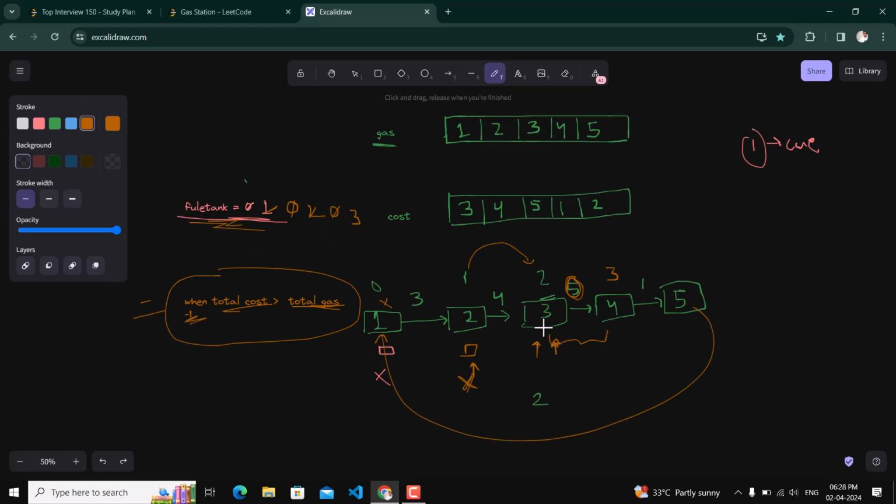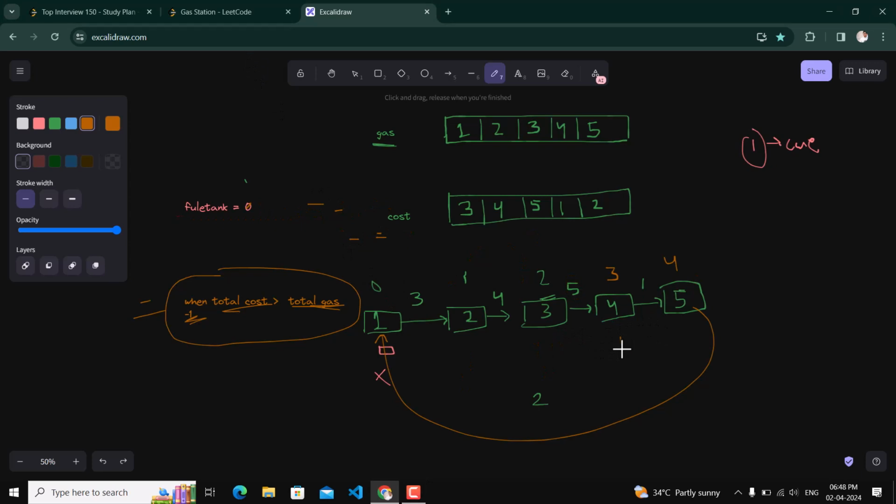So this is also not a potential solution. Again the reason is the same: if we are not able to travel to the next point, how can we travel the whole path in the clockwise direction from this index? So this is also not a solution.